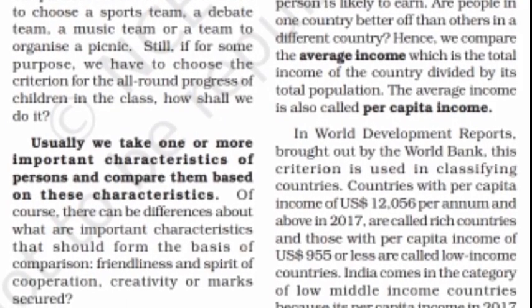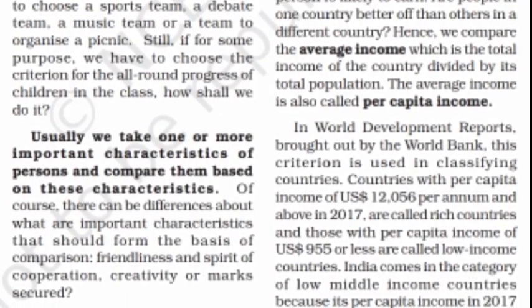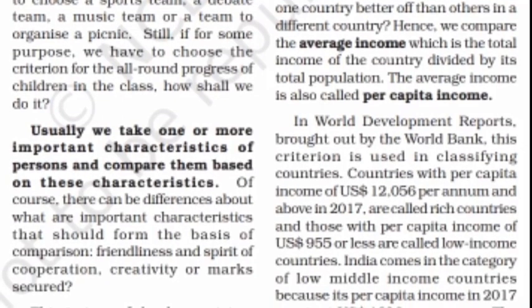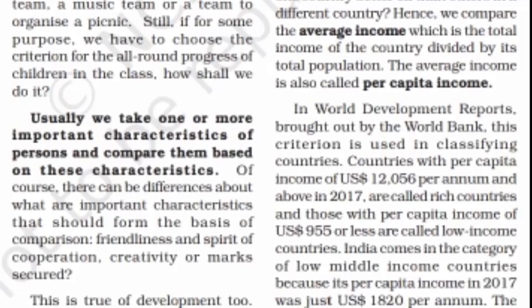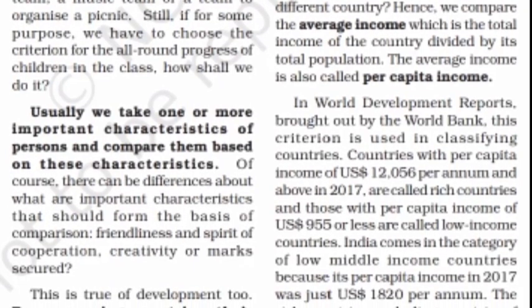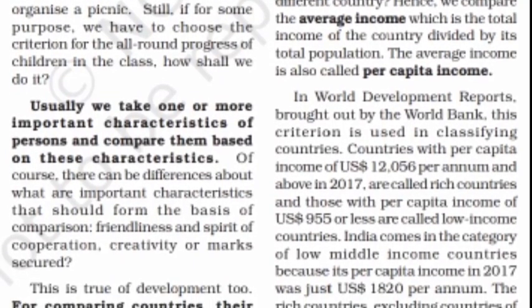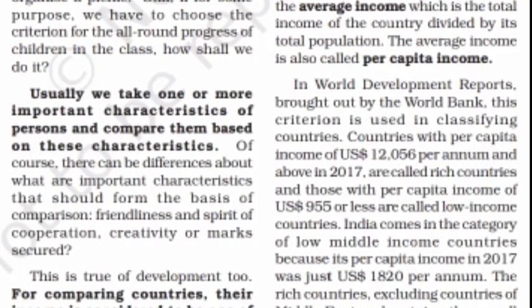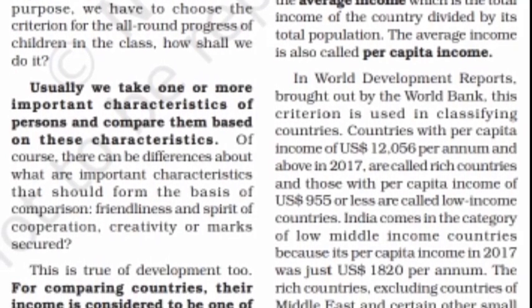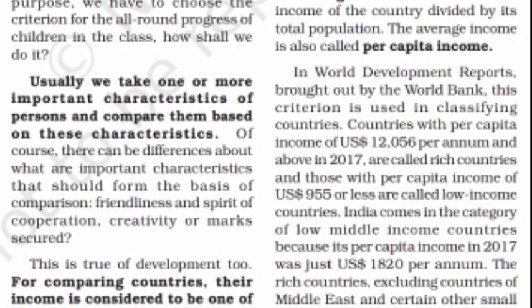Now we can compare Indian states. Haryana's per capita income in 2015-16 is 1,62,034 rupees. Now compare with Kerala, 1,40,190. That is the per capita income of these states of India.